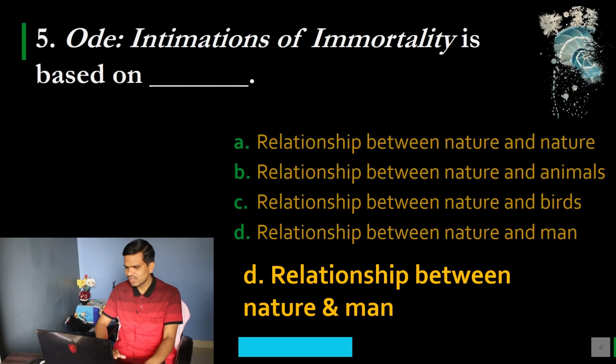When you study their literature, their poems, you find how they have delineated nature in their poetry, in their works, and how they have put the relationship between nature and man, and how there is a beautiful composition of nature, and how man learns from nature are basic themes in these poets. So here we have relationship between nature and man, D option.